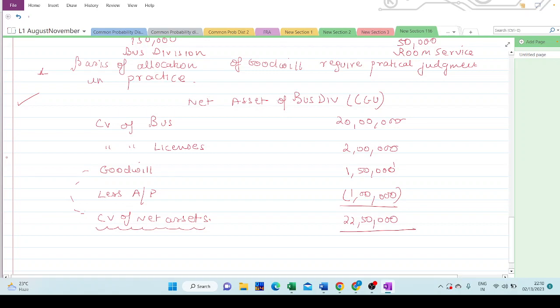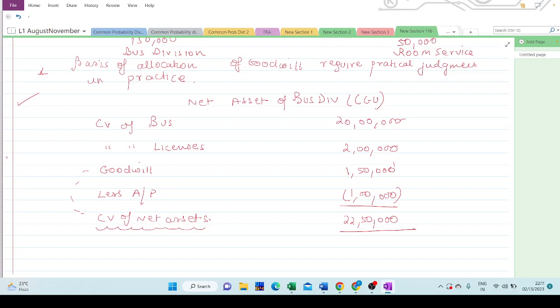Okay. Now, guys, my carrying value of net assets of the bus division after the allocation of goodwill due to business combination is 22,50,000. So say after 1 year, expected synergies are not realized. That is, the bus division does not benefit from the business combination. Why so? Say maybe because of the pandemic, demand for bus service declined, making it difficult for the bus division to achieve expected revenue and cost savings.